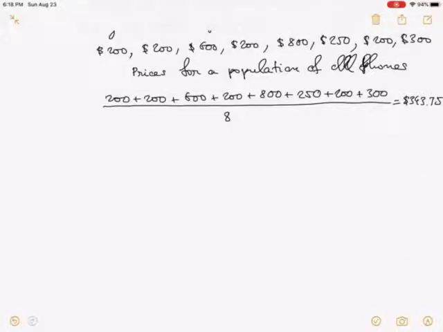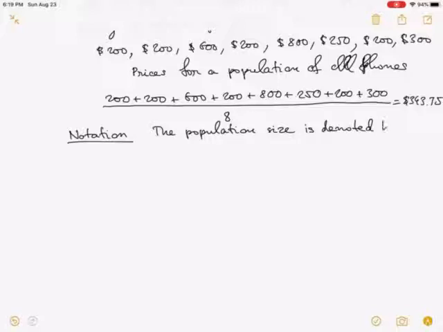Now there are a few notations that we will use throughout this course, and most of the time statisticians will use those notations. The population size is always denoted by capital N. So in the previous example, capital N is equal to 8.